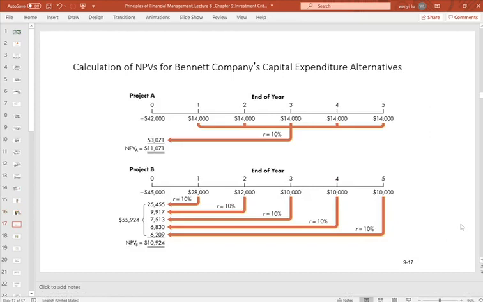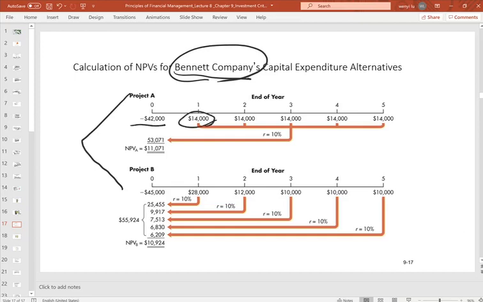So let me give you more examples. For example, Project A and Project B are two projects offered to the Bennett company. For Project A, you need to invest $42,000. Then you will receive $14,000 for the next 5 years.